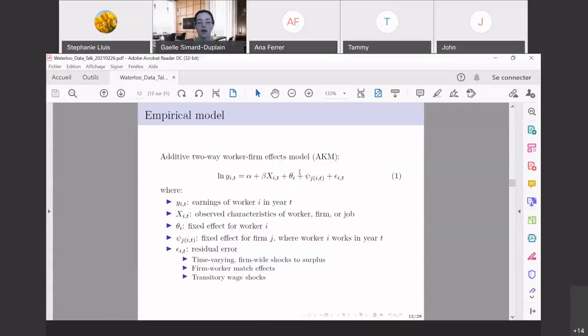We have a worker fixed effect and a firm fixed effect, where firm J is the firm at which worker I works at time T. And then we have a residual error that captures a number of things. Generally, it captures time-varying firm-wide shocks to surplus, so shocks that affect the surplus for all workers but change over time. We also have firm-worker match effects, and then transitory wage shocks.